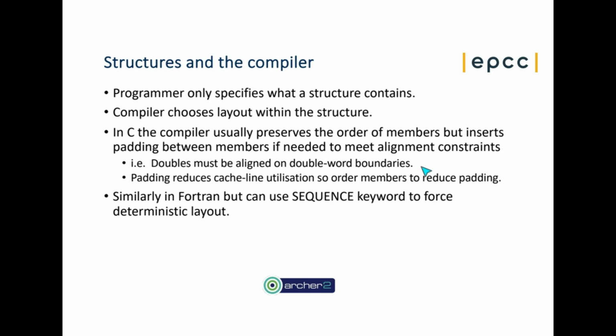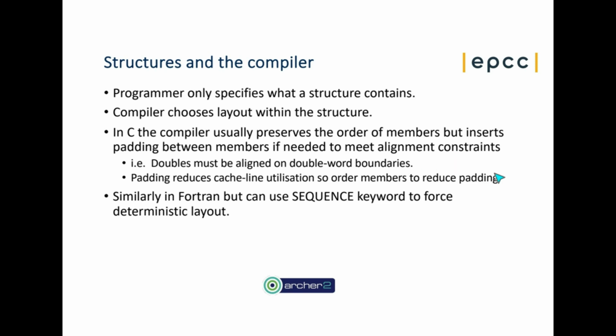If you have a mixture of ints and doubles, the doubles have to be aligned on double word boundaries. So if you have an int followed by a double, you may get an int, then a 4-byte gap, and then a double, so that the double is aligned correctly.